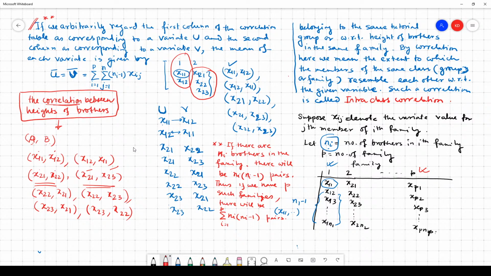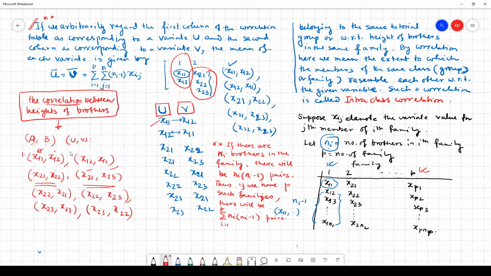So now we define variables u and v. We write the pair as u comma v, where u is the first member of the pair.